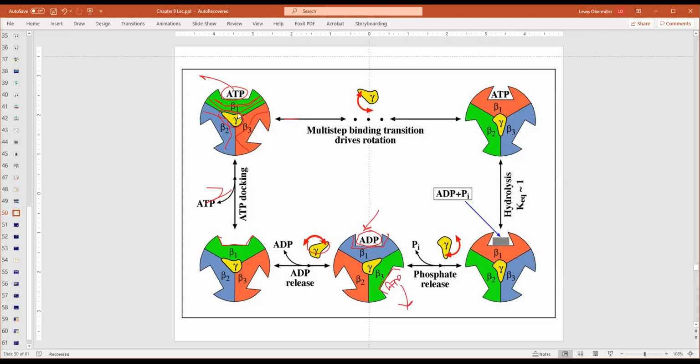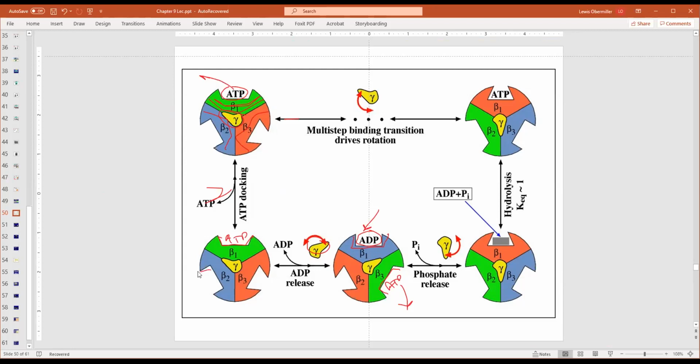So the artist is showing you that this stuff is going on on each side simultaneously as this rotates in different steps. So ATP is the green, right? ATP is in green. Then it changes its shape. So now in the blue conformation, it fits ADP.